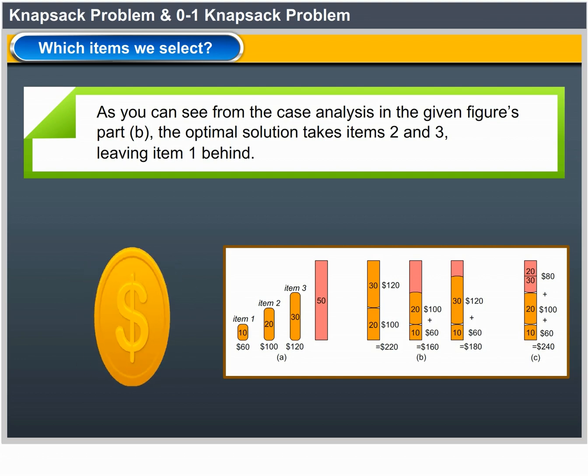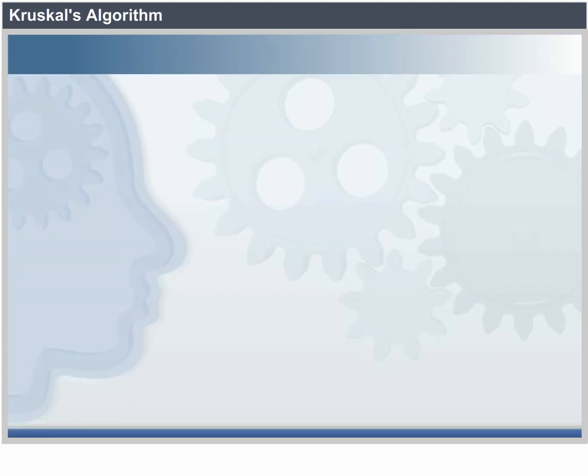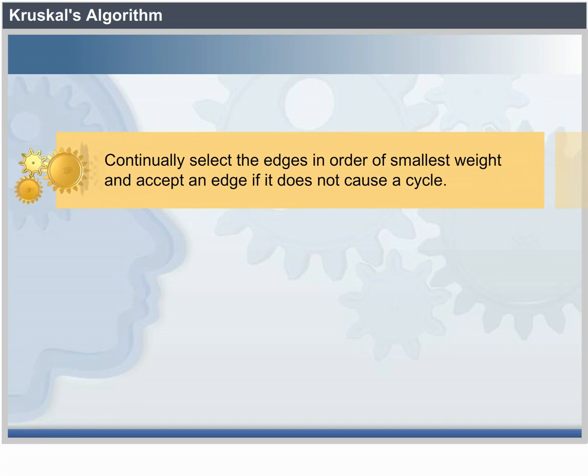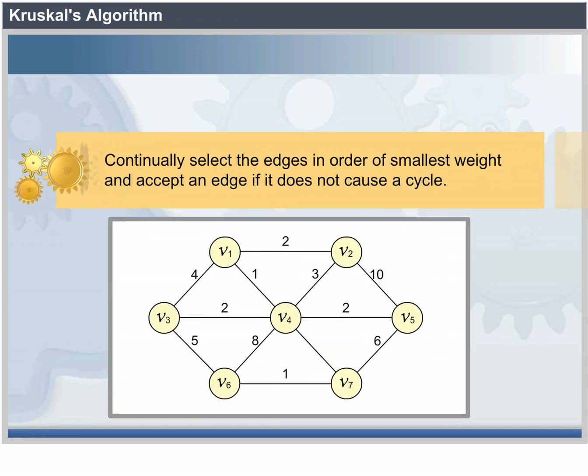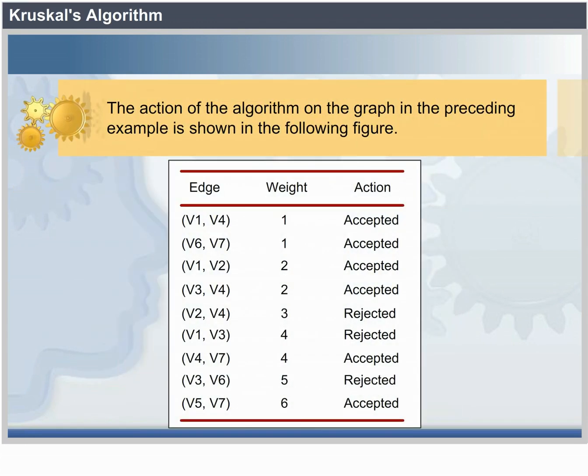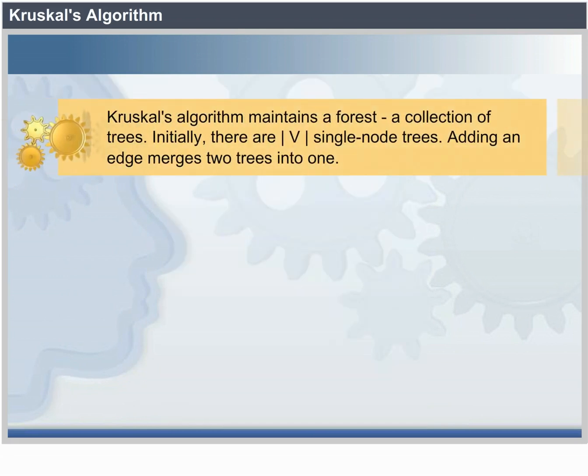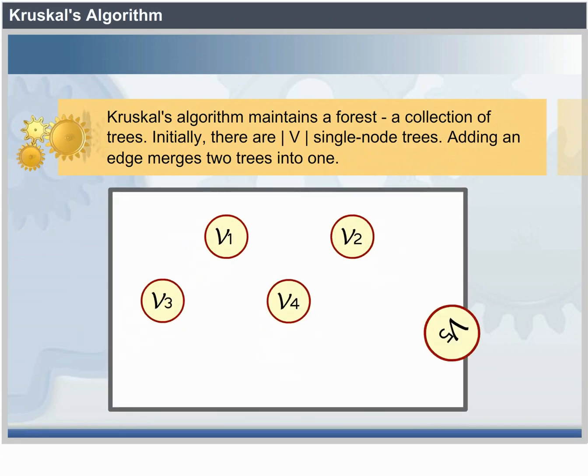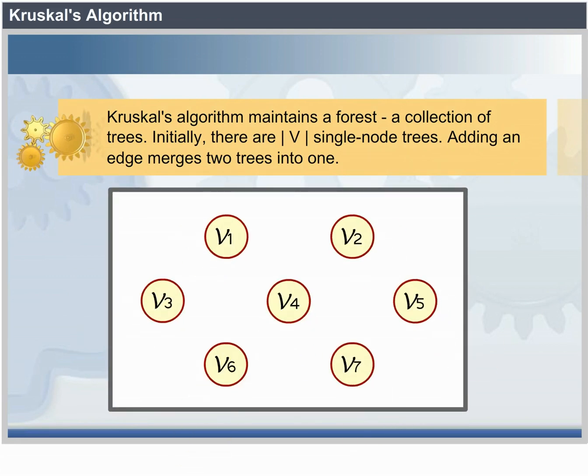Kruskal's algorithm. Continually select the edges in order of smallest weight and accept an edge if it does not cause a cycle. Kruskal's algorithm maintains a forest, that is, a collection of trees. Initially, there are |V| single-node trees.